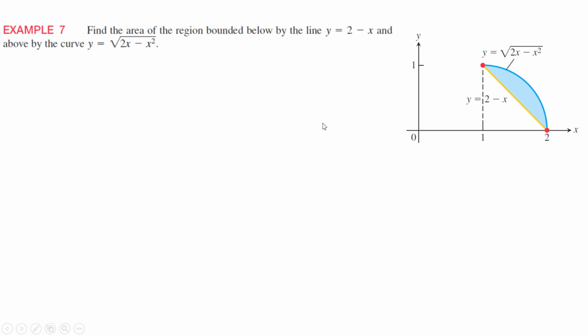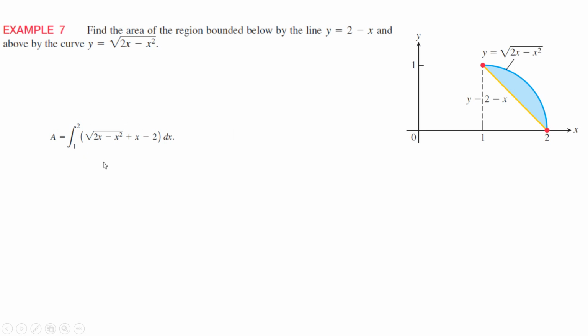If we use an integral with respect to x, we have this form, and this is hard to evaluate because of this radical function.